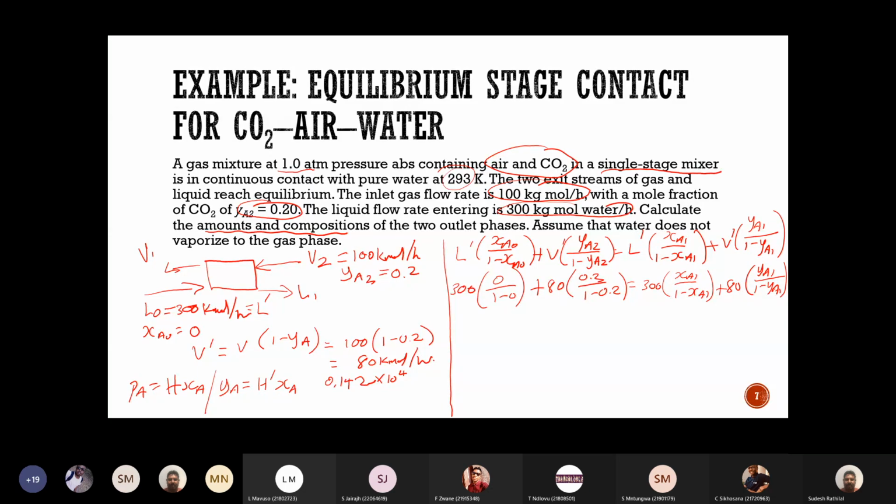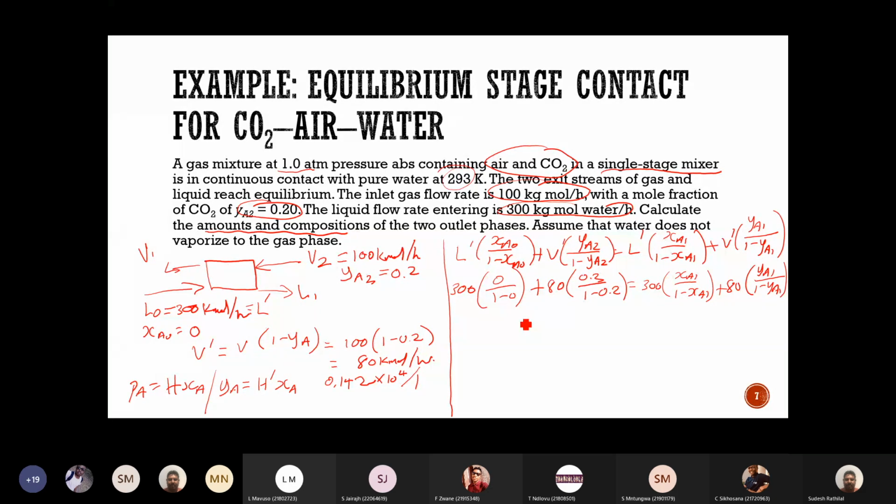H prime will be mole fraction gas per mole fraction liquid. So I've got to divide this value by the total pressure. What is the total pressure? 1. So I'm just dividing the entire thing by 1 atmosphere.